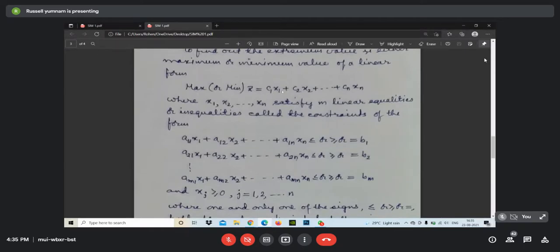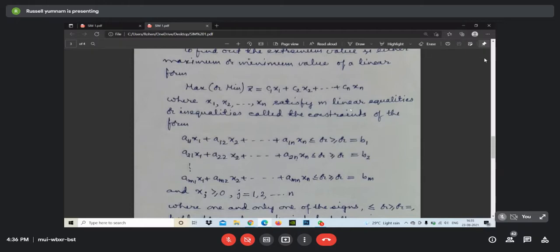Z will be C1 x1 plus C2 x2 plus up to Cn xn. We are using n variables, x1 to xn, and C1, C2 will be numbers, and x1, x2 are variables, where x1, x2, xn satisfy m linear equalities or inequalities, all the constraints of the form.